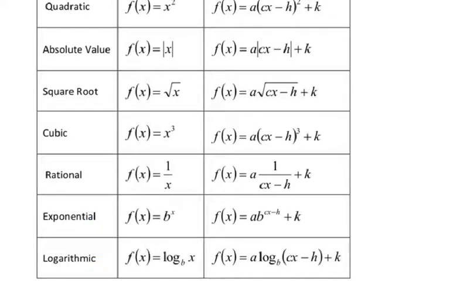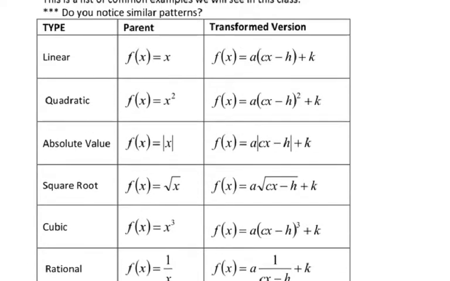We don't get to that until much later in the semester. But what I want you to notice is we have an A value multiplied on the outside here. So all of these A's, this is a number times some expression on the outside. And the K's, we are adding K. Notice all of those values are on the outside.